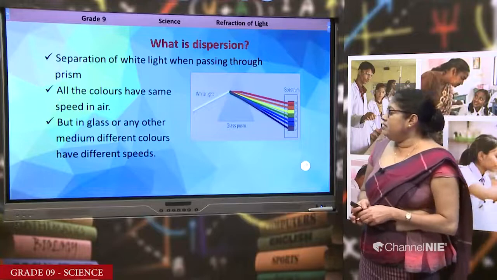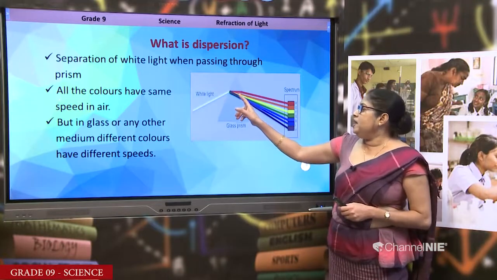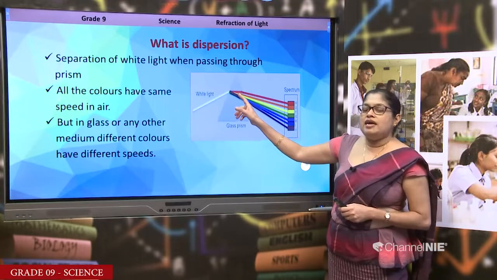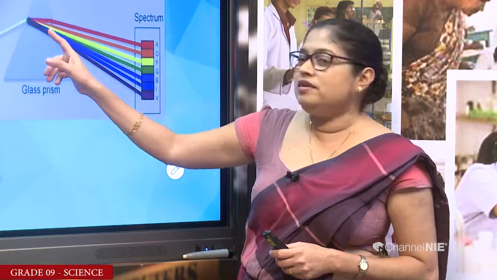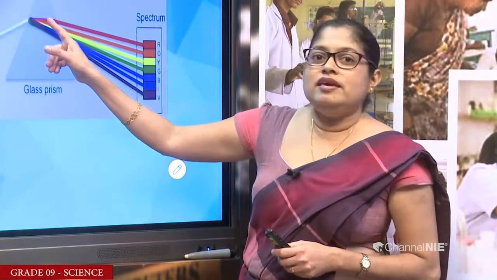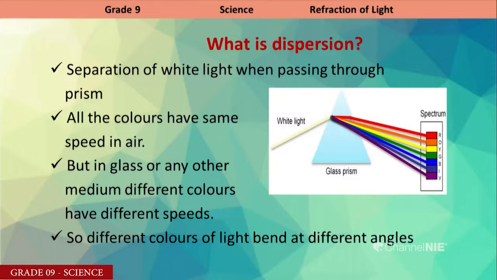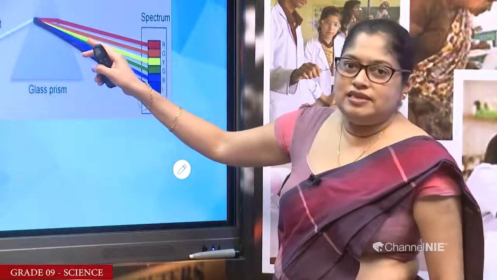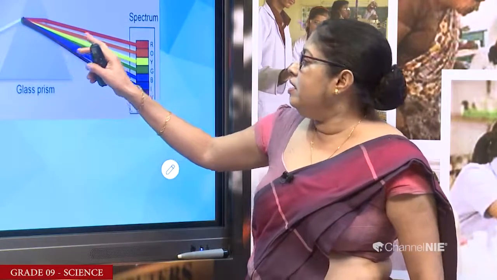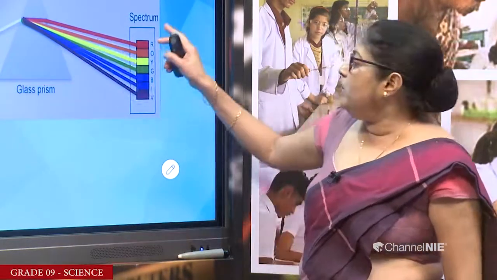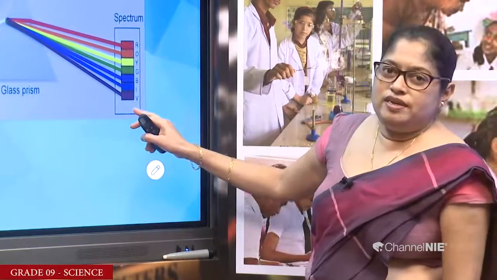Because of that, inside the glass prism, different colors bend at different angles depending on the speed of light in the glass. Here in this picture you can see violet color bends more and red color bends less. That means violet is refracted more than red. So, this is the spectrum you obtain.